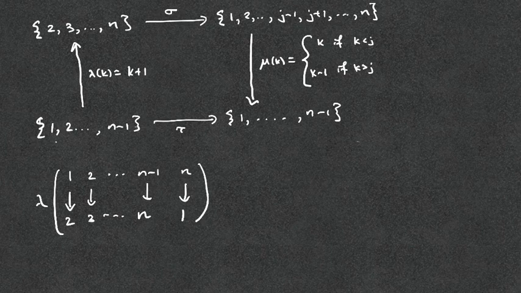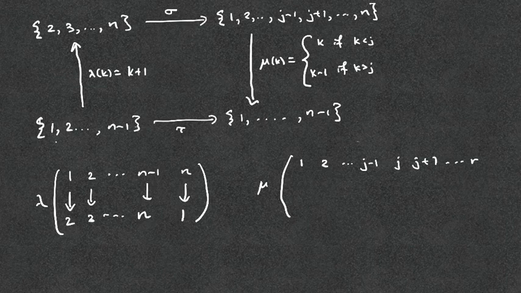Now let's do the same thing for mu. Looking at mu, what happens there? We've got a domain going from 1 up to n, but missing j. So we've got 1, 2, up to j minus 1, j plus 1, and then up to n.